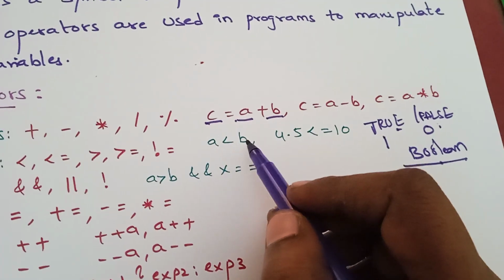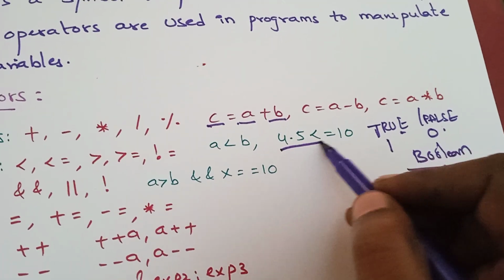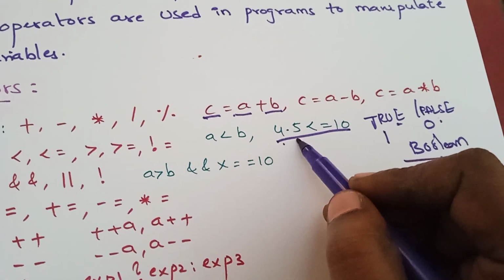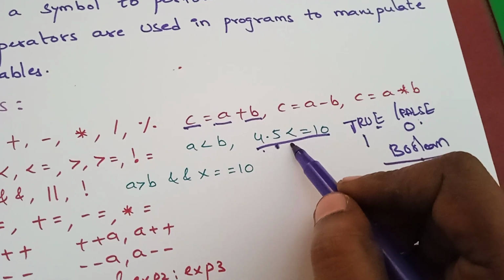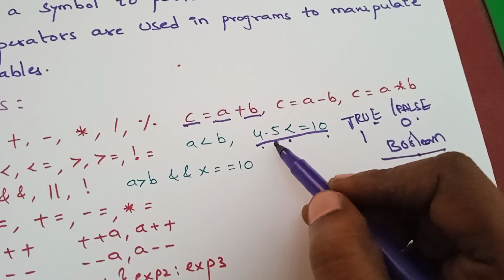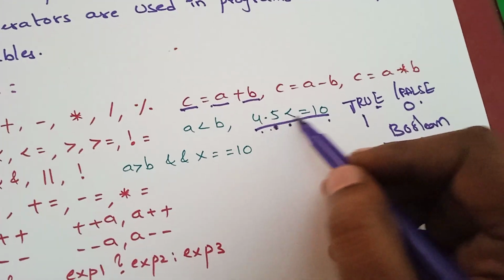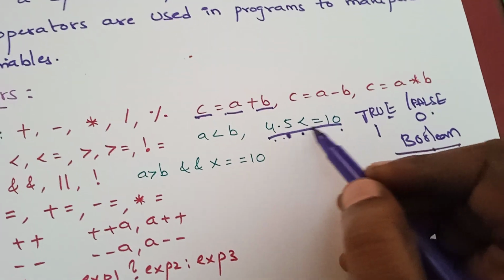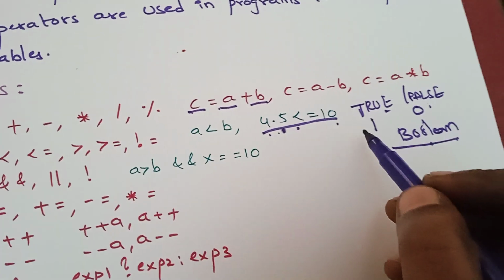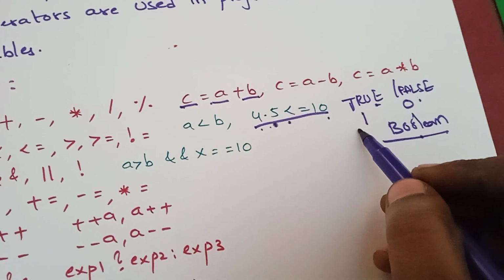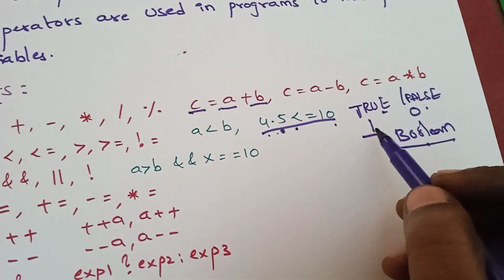Now look at this example: 4.5 is less than or equal to 10. This is true. What is true? 4.5 is less than the value 10. So the result of this will be true and the result will be printed as 1.